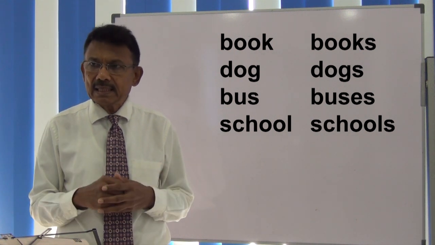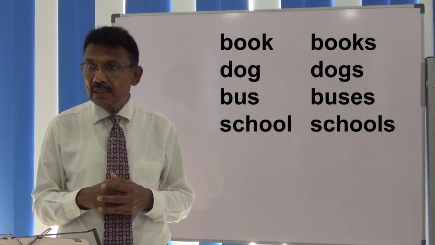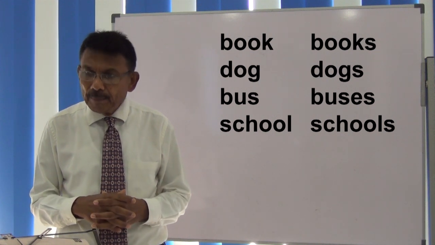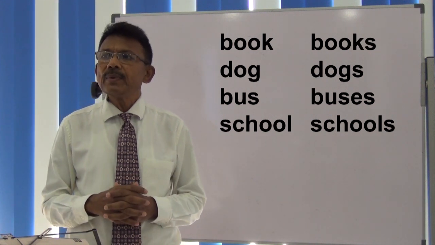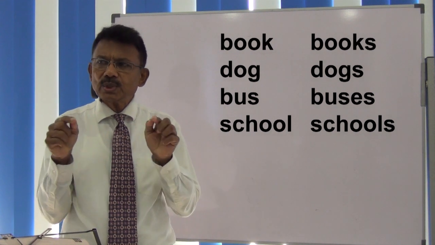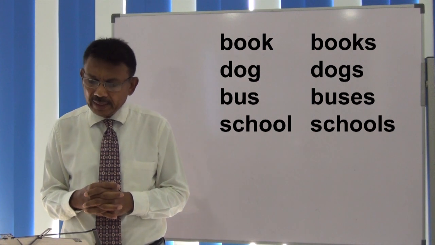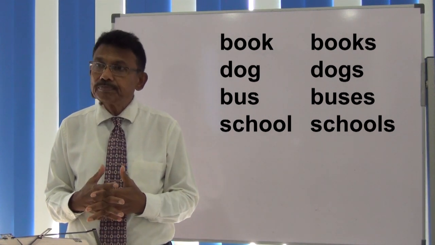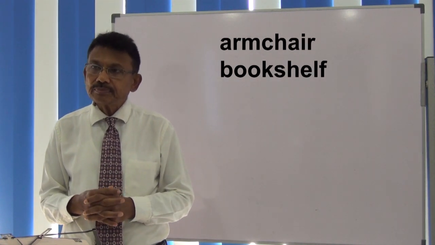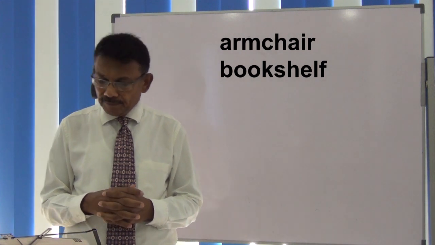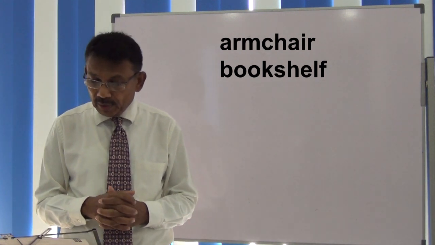Bus, buses. School, schools, like that. Then compound noun. What is a compound noun? Compound noun consists of 1 or 2 more words. It's like a phrase, right? For example, armchair, bookshelf, they are all compound nouns.